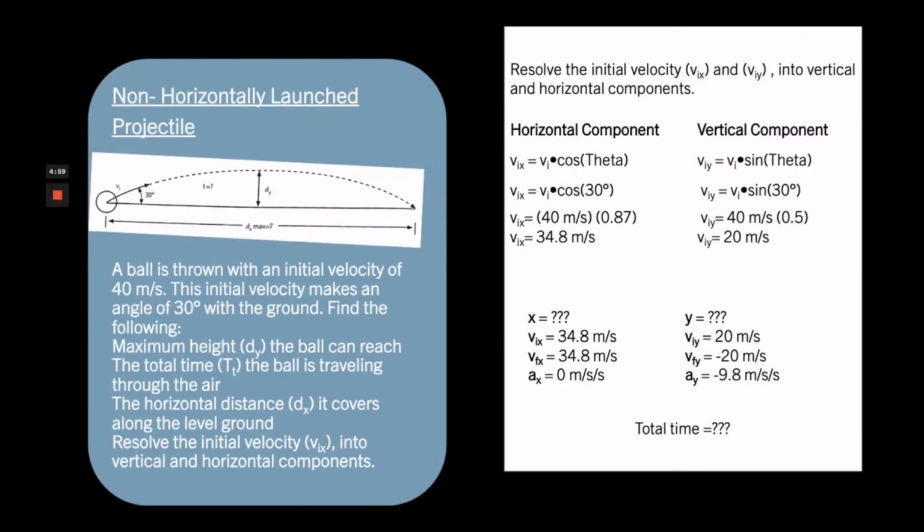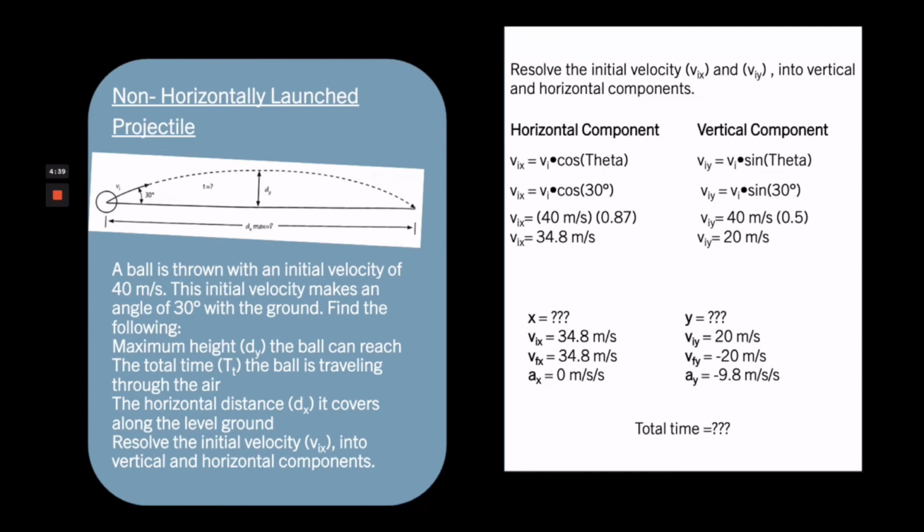Now that we know the basic concept of non-horizontally launched projectile, we are ready to solve. A ball is thrown with an initial velocity of 40 meters per second. This initial velocity makes an angle of 30 degrees with the ground.